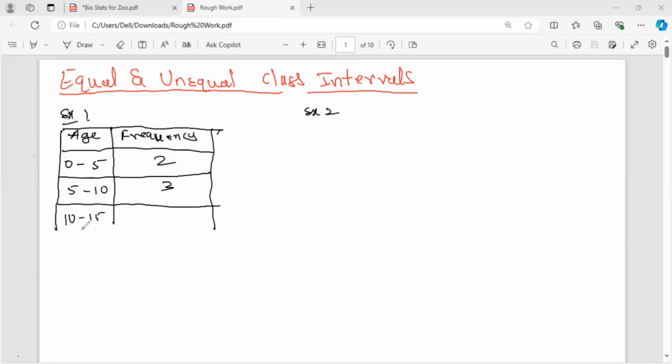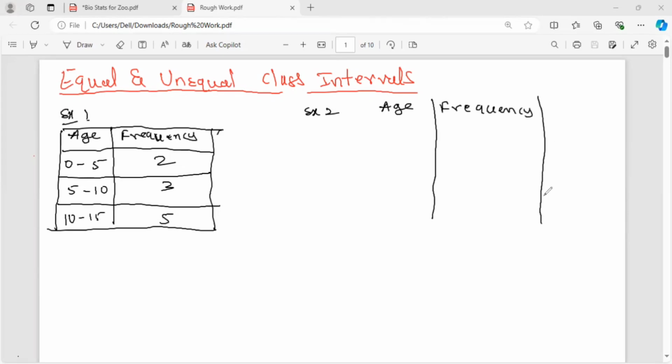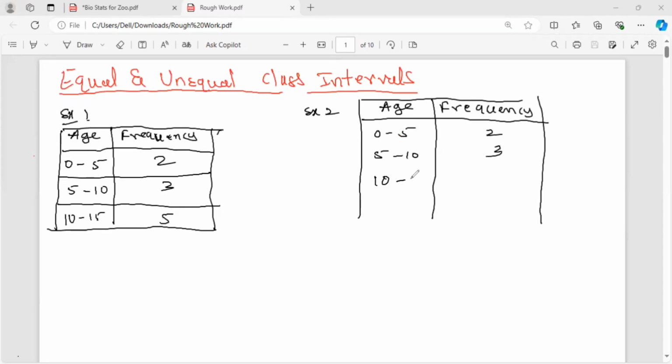Then 10 to 15, let us assume some 5 are admitted. Then in the second example, age, then frequency: 0 to 5, 2 were admitted. 5 to 10, three were admitted. 10 to 20, 5 are admitted. Then 20 to 40, some 10 are admitted.